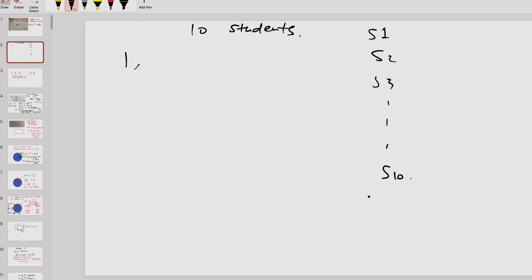And basically the 10 students, they have a quiz. Okay? The score is from 0 to 10. Okay, for the quiz. So student 1, 1. Student 2, 1. Student 3, 2. Student 4, 3. Then 1.